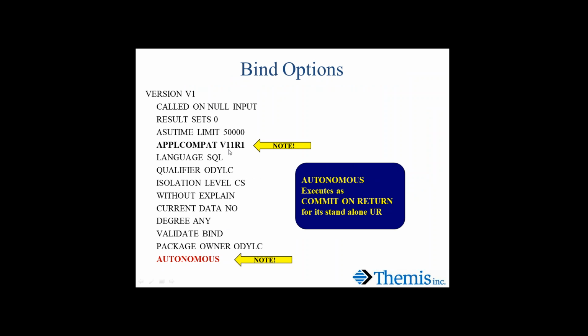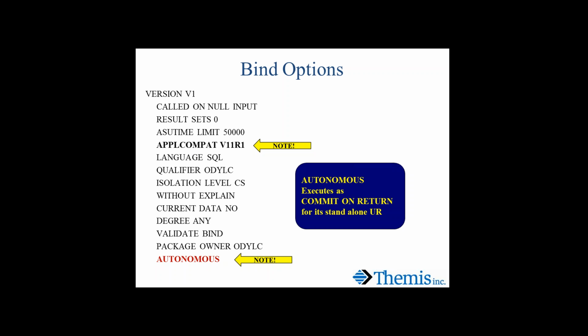The bind options. Now, autonomous native SQL procedures are available at Application Compatibility, version 11, release 1, new function mode of version 11 DB2. And the keyword autonomous is required. Now, an autonomous stored procedure, native SQL procedure, executes as if it was a commit on return.